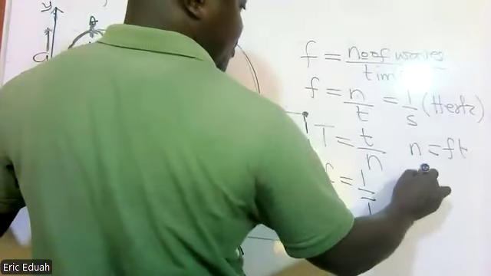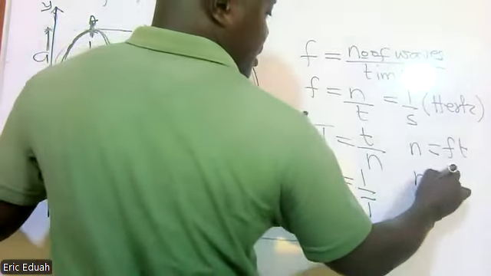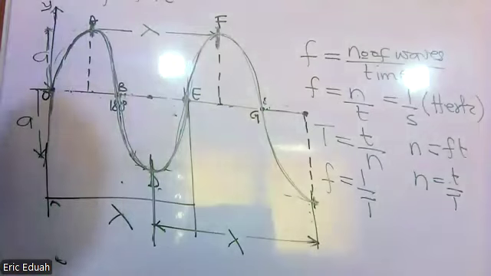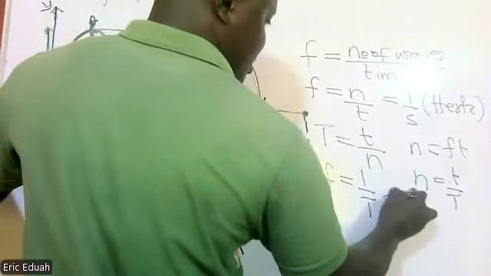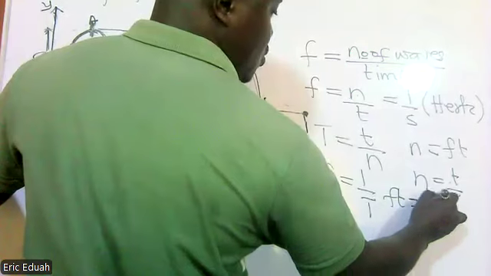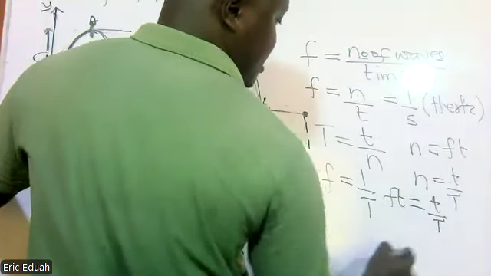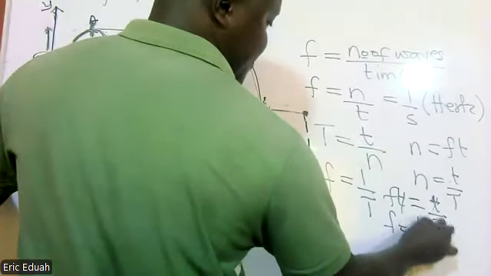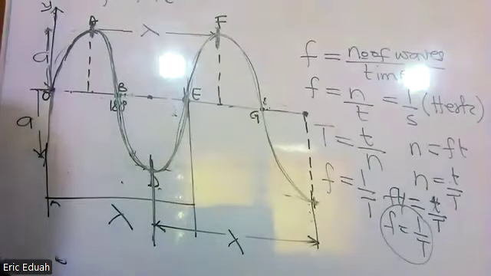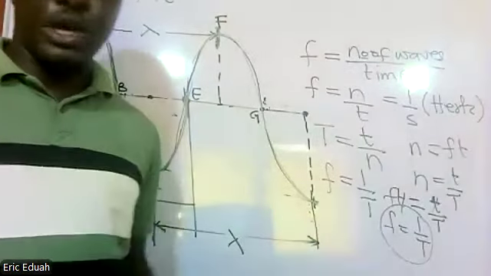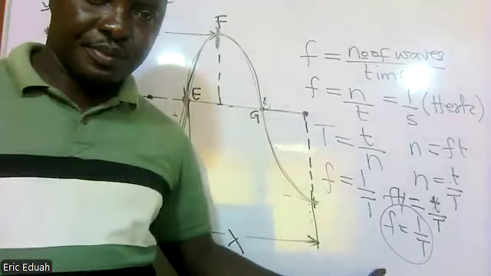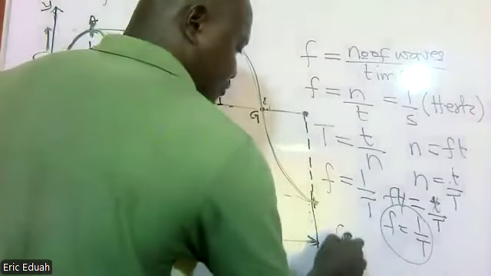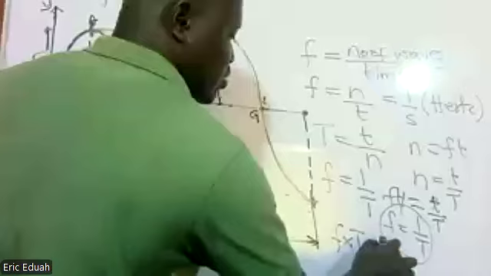Make N the subject from the second equation: small t over big T. Then equate both: Ft is equal to small t over big T. You realize that small t will cancel out and F will be equal to 1 over T. So the product of the frequency of a wave and its period is equal to 1, meaning F times big T is equal to 1.